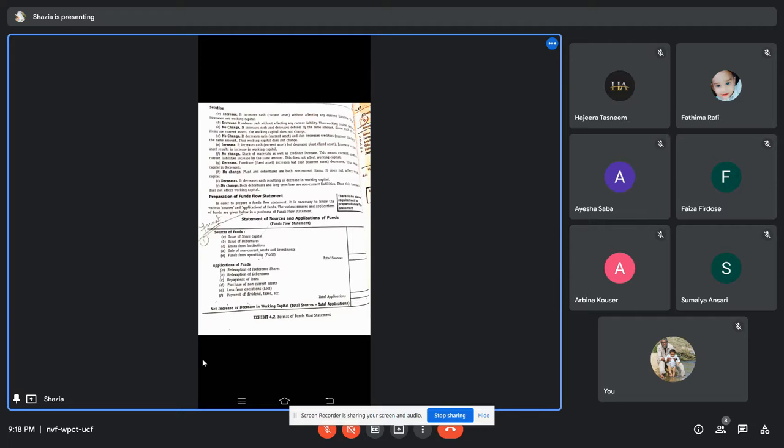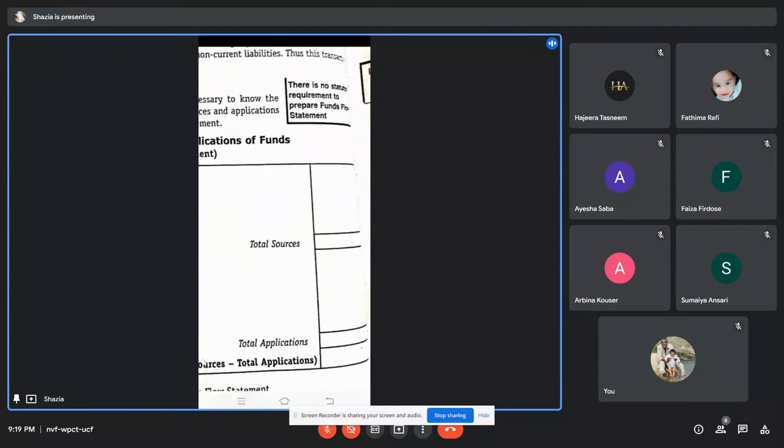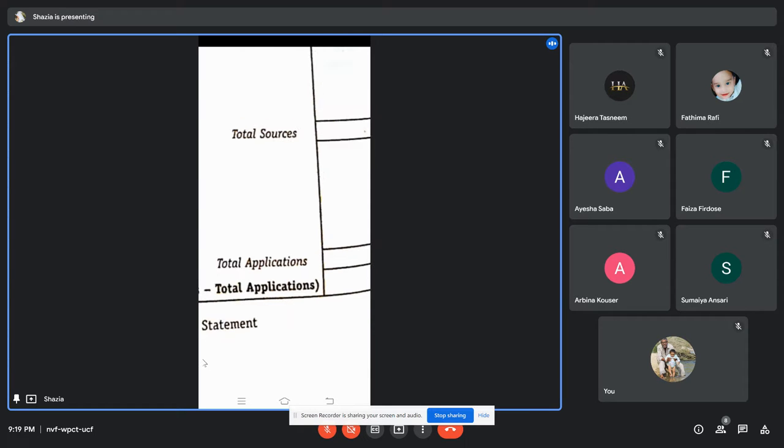If total sources are increasing, you will get a positive working capital amount. If total applications are increasing, you will get the negative, that is the decrease in the working capital. So this is one format.